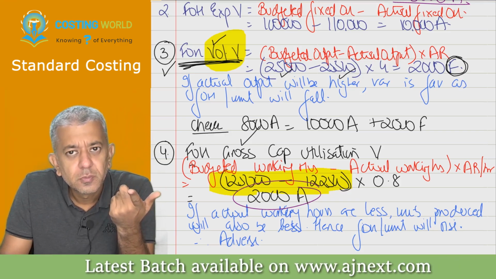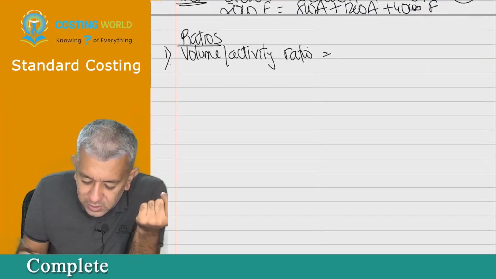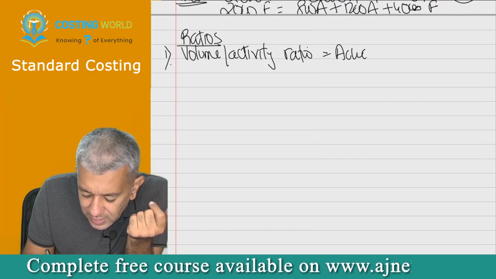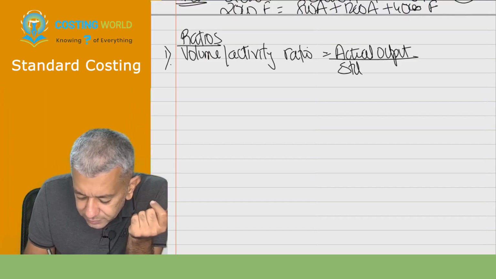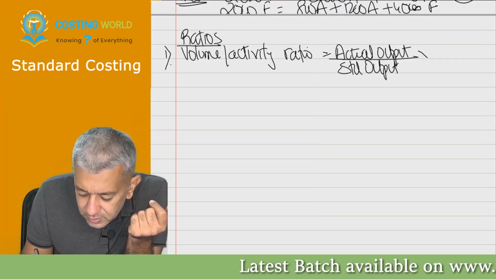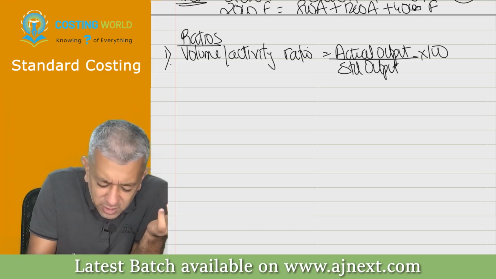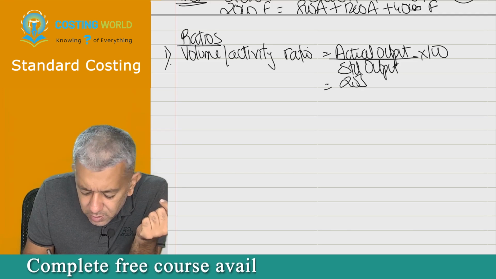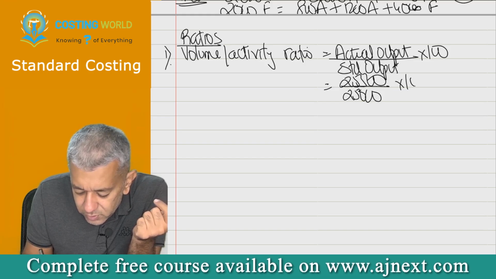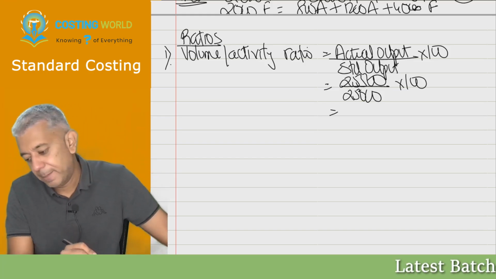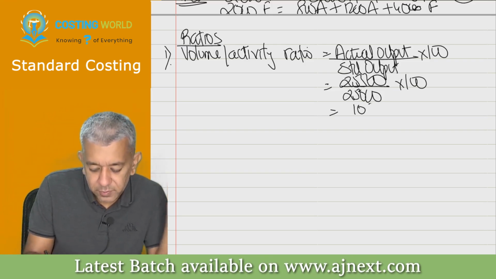Correct. So now you can make a formula out of it. The module says the formula is actual output divided by standard output or divided by your budgeted output. Standard and budgeted output mean the same particular thing only. 25,500 divided by 25,000 into 100.